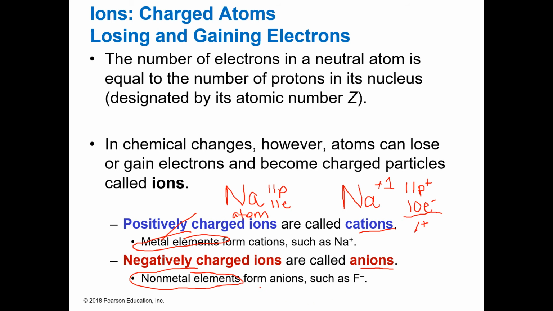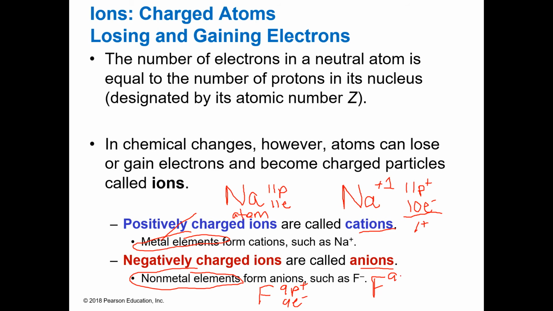I can give you an example of this. So fluorine as an atom has 9 protons, and as an atom, because it would be neutral, has 9 electrons. Fluorine tends to gain 1 electron. Now remember, nonmetals gain electrons.